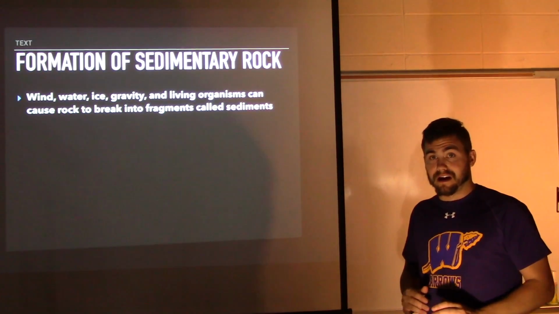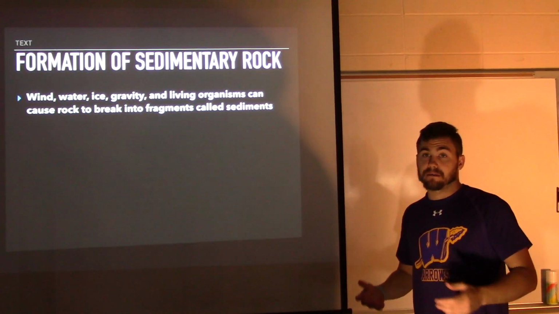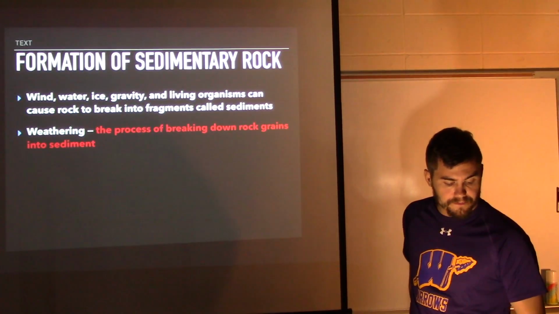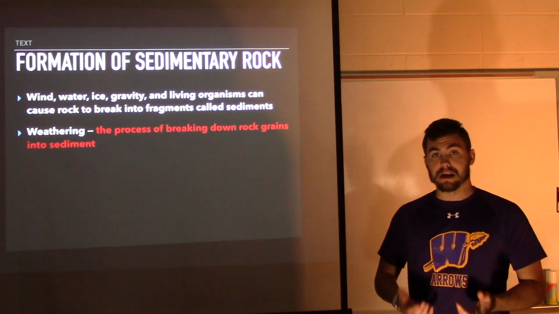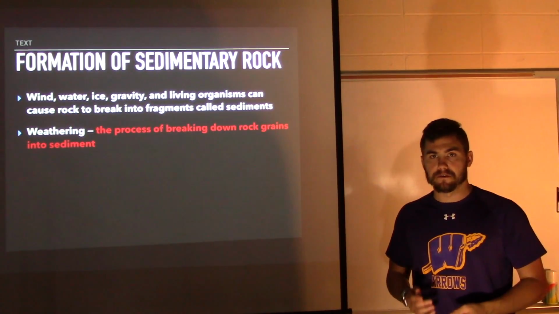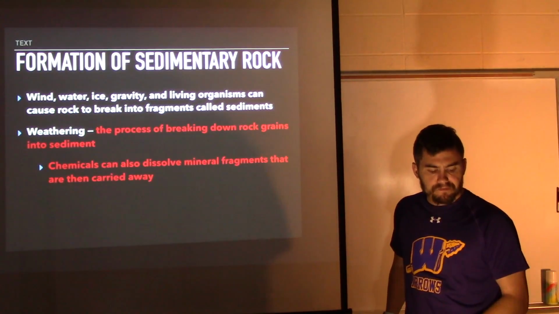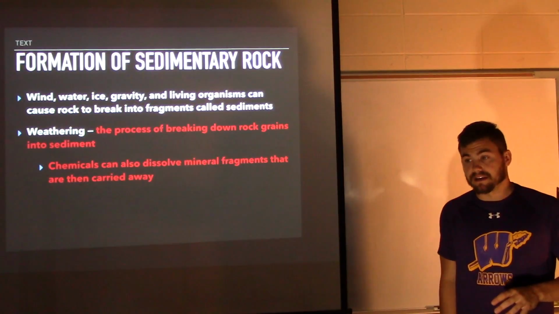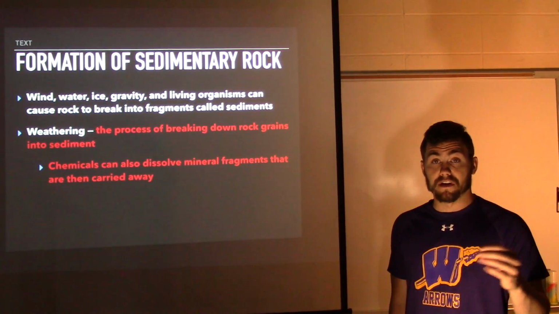Wind, water, ice, gravity, and other living things can cause rock to break in fragments. We call those fragments sediments. So weathering is the process of breaking down pre-existing material at Earth's surface into those sediments. What can also happen is chemicals can dissolve mineral fragments that are then carried away.